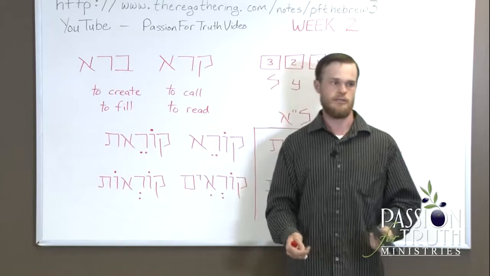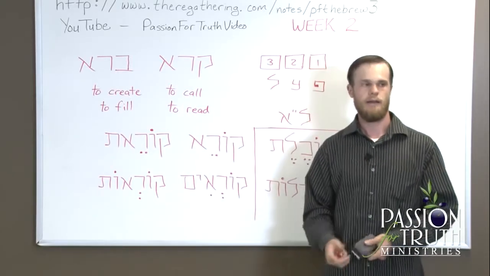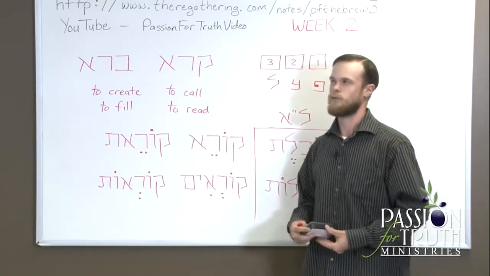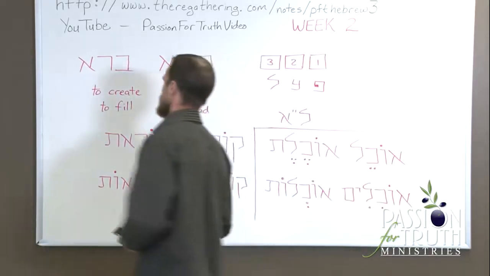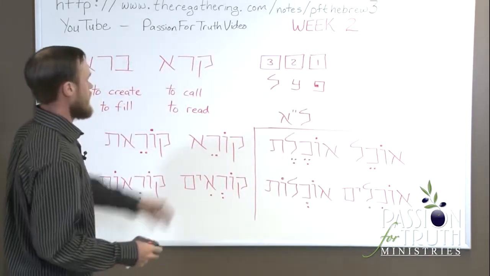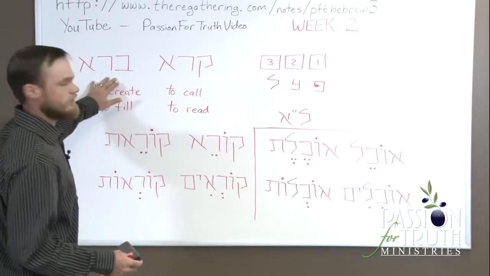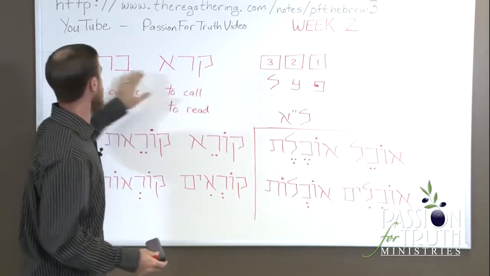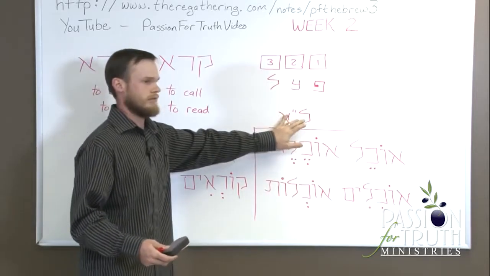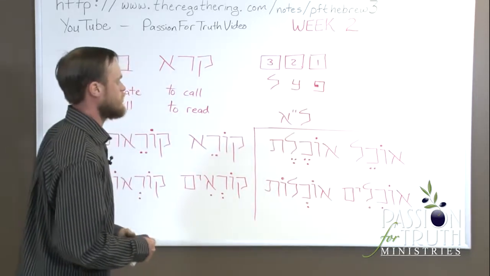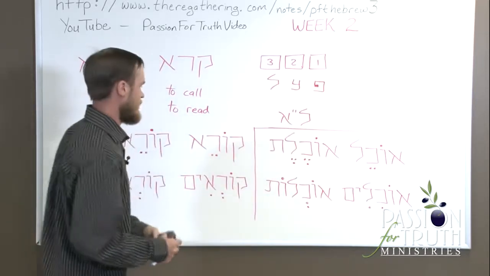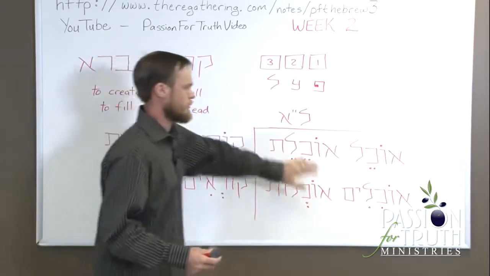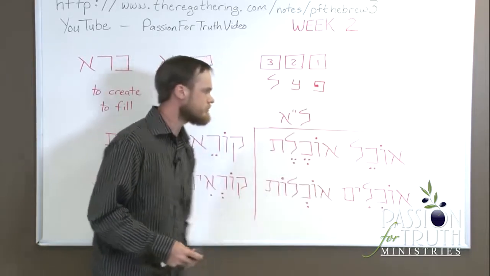To fill, actually in one sense it means to cut down. And I'm still not totally sure why it means that in that case, but whatever the case, we've got to call and to create. These are our two lamed aleph roots that belong to the gizra lamed aleph, and they will follow this pattern, while other verbs will follow this one.